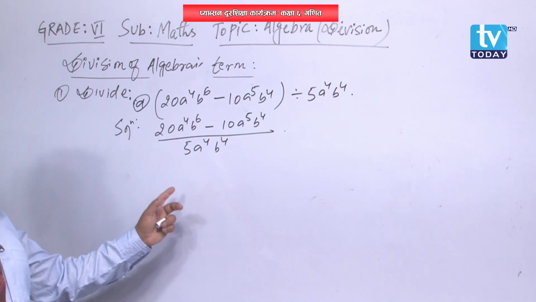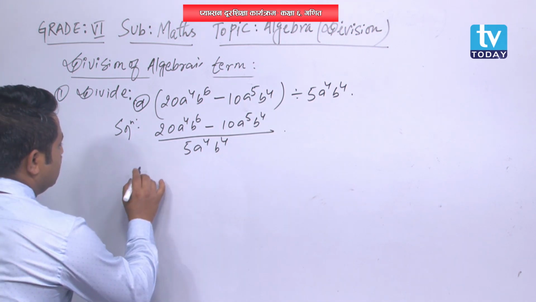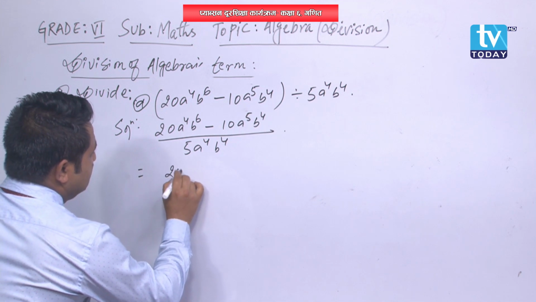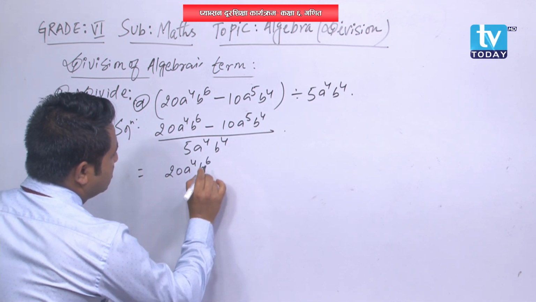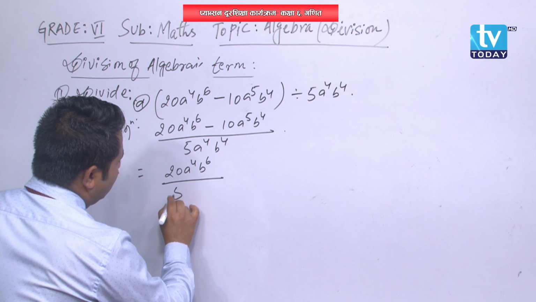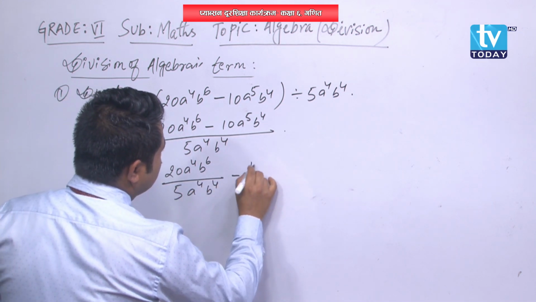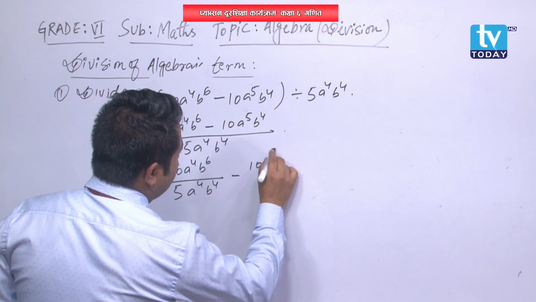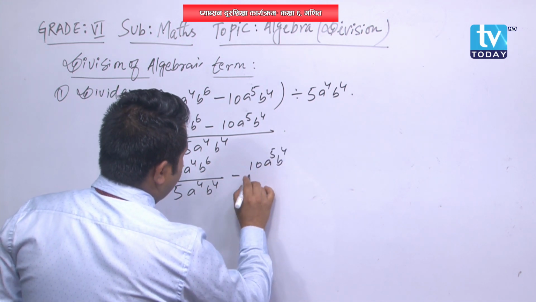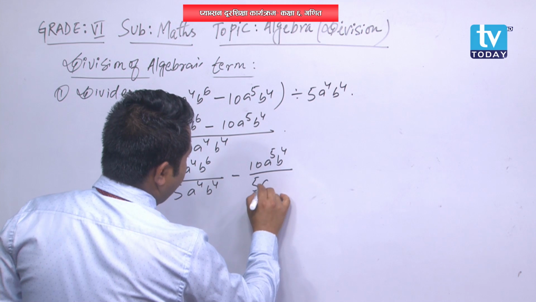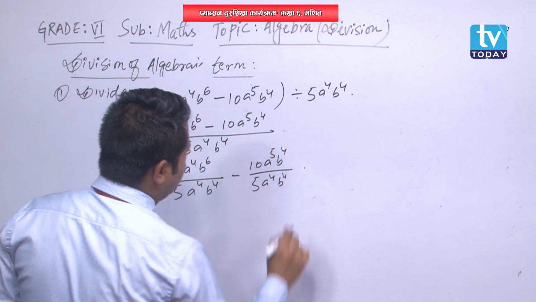Now like the previous question, you can separate this: 20 a to the power 4 b to the power 6 upon 5 a to the power 4 b to the power 4, minus 10 a to the power 5 b to the power 4 upon 5 a to the power 4 b to the power 4.